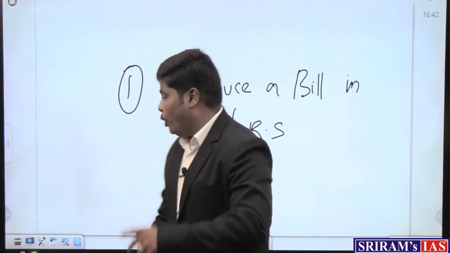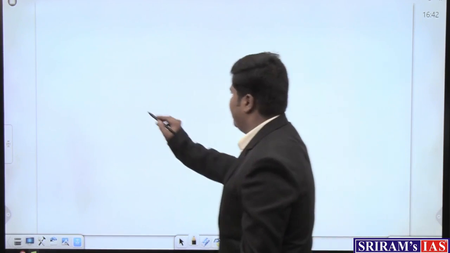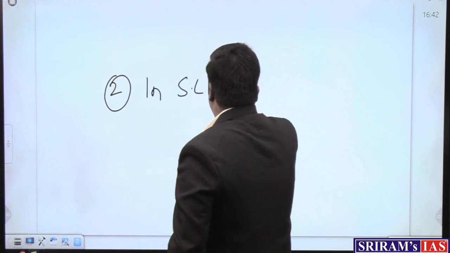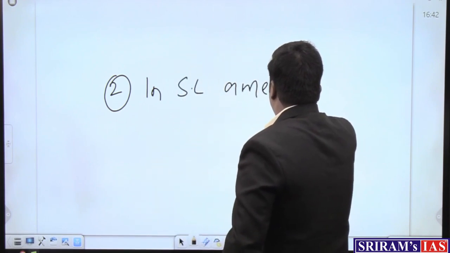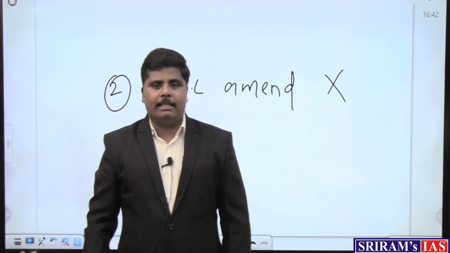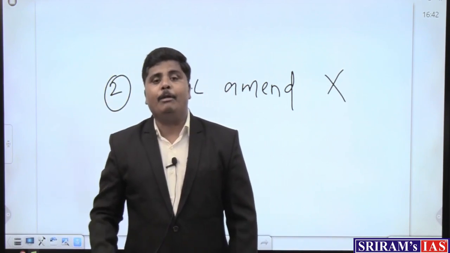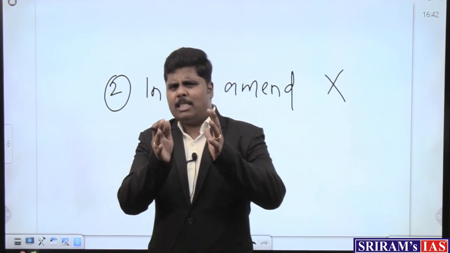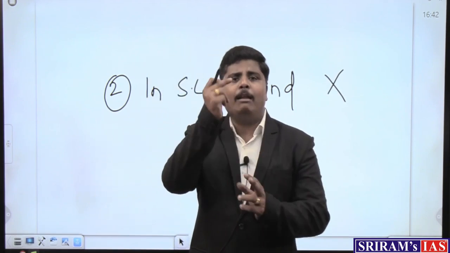So our next point comes here, which says very clearly that in a state legislature, amendment of the Constitution is not allowed. If you go to a state legislature, they do not have the power to amend the Constitution. So amendment per se is considered to be the domain of the Parliament of India.